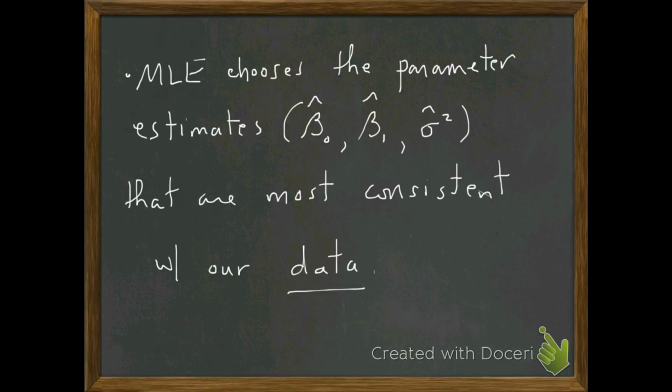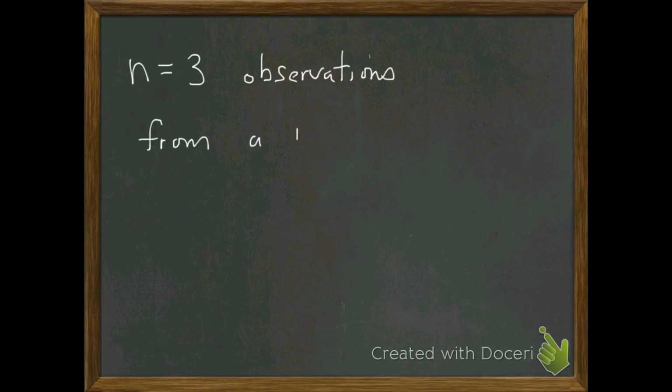Now, it's been a while since we've actually talked about MLE, so I want to look at an example. Let's say that we have n equal 3 observations from a normal distribution with population standard deviation known, let's just let this be 5.